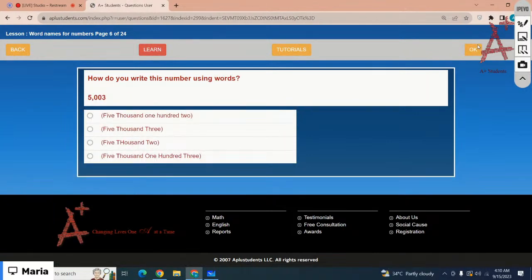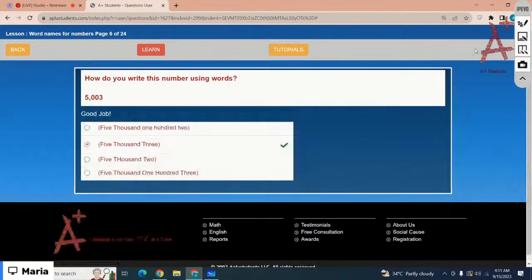How do you write this number using words? 5003. How do you write this number using words? The correct option is the second option, very good, because that is 5003.